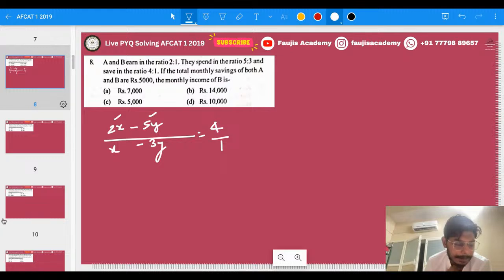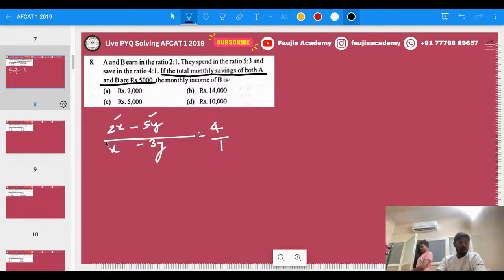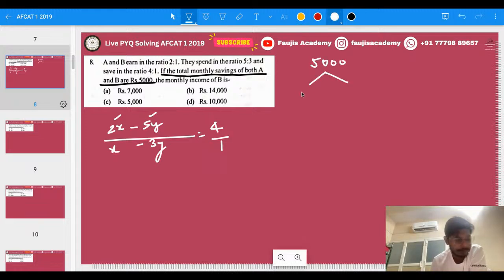They say the total monthly saving of both A and B is 5,000 rupees. What will be A's saving? It is 4 is to 1, they have already given. That means A is saving 4k and B is saving 1,000, right?